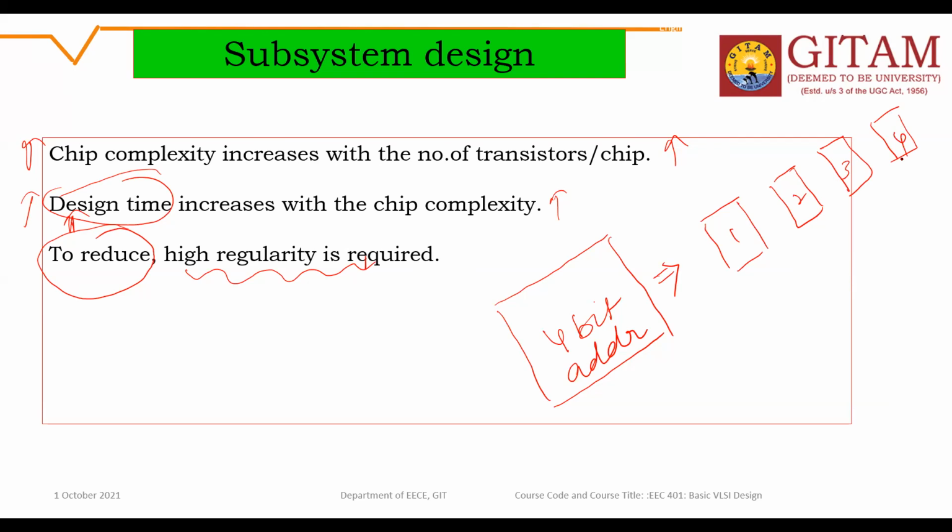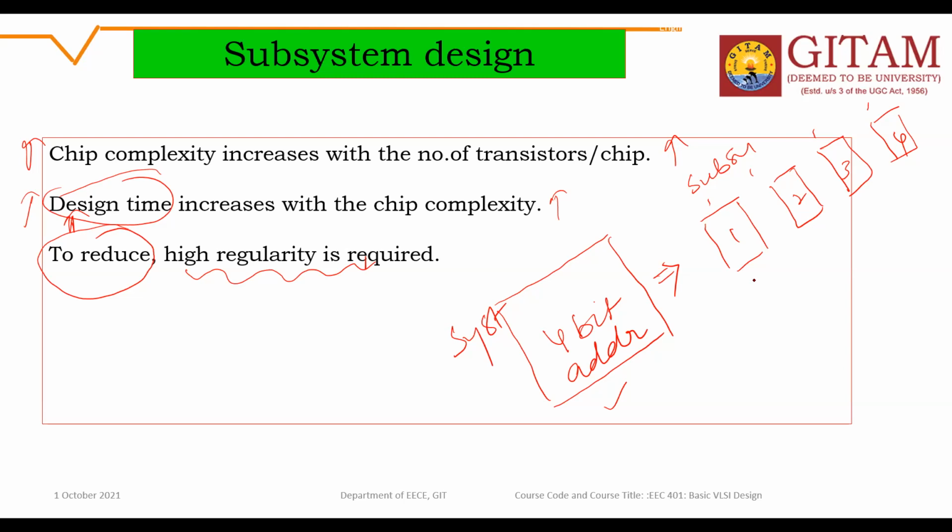Suppose the 4-bit adder is a system, then each individual 1-bit full adder becomes a subsystem. If you want to reduce the design time of this 4-bit adder, keep your design in such a way that it has high regularity.